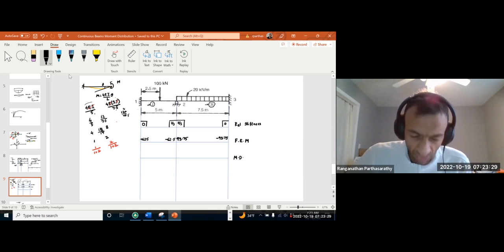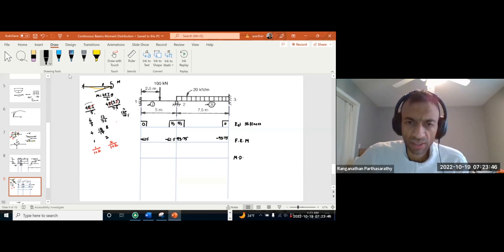So I need to apply negative 31.25 here. If I apply negative 31.25 at this joint, 1/3 of that will be carried by the left span, and 2/3 will be carried by the right span.